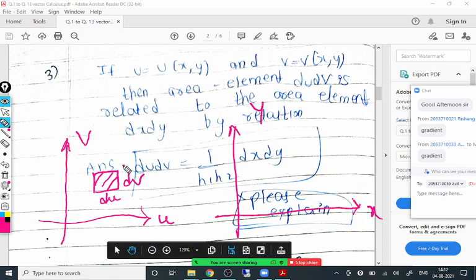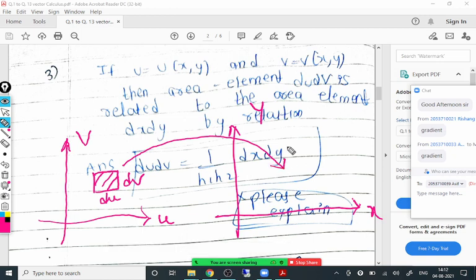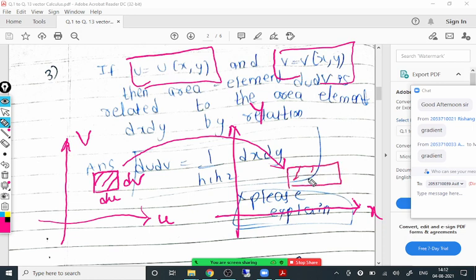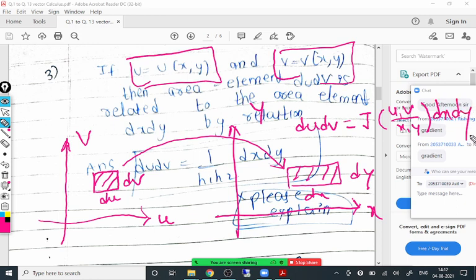This small area is mapped by a transformation, and if we want the value of du dv in terms of dx dy, then du dv is the Jacobian of u, v with respect to x, y, times dx dy. That is the formula.